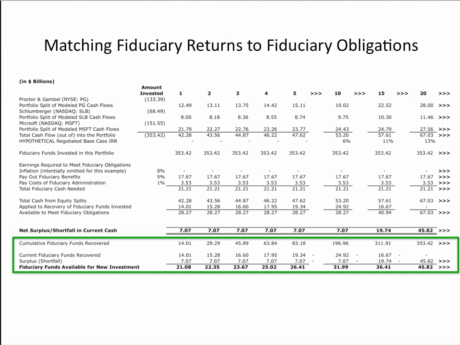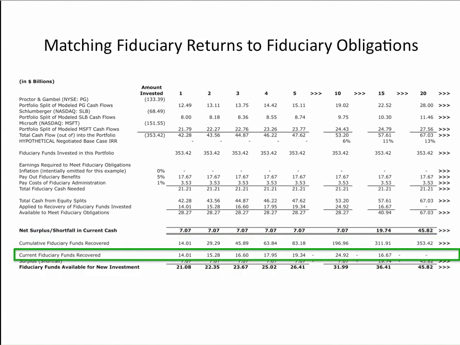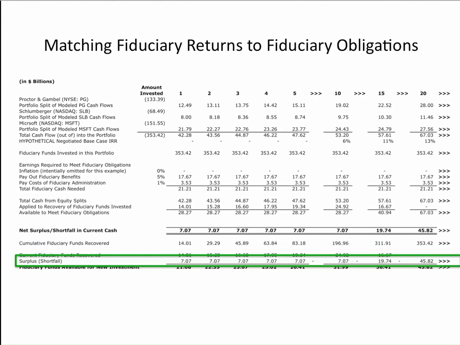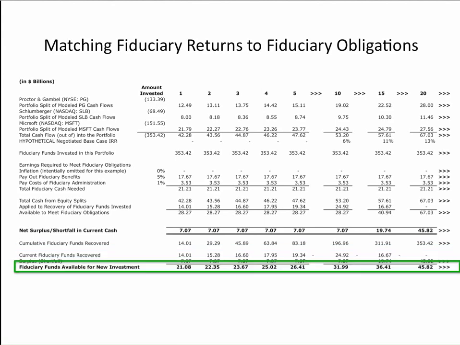The impact of the equity split surpluses is shown here in this final matrix of calculations, where we bring down for each year the amount of cash programmed for the recovery of corpus, plus the amount of surplus left over after fiduciary obligations are satisfied, to show the amount of fiduciary funds available in each year for new investment.